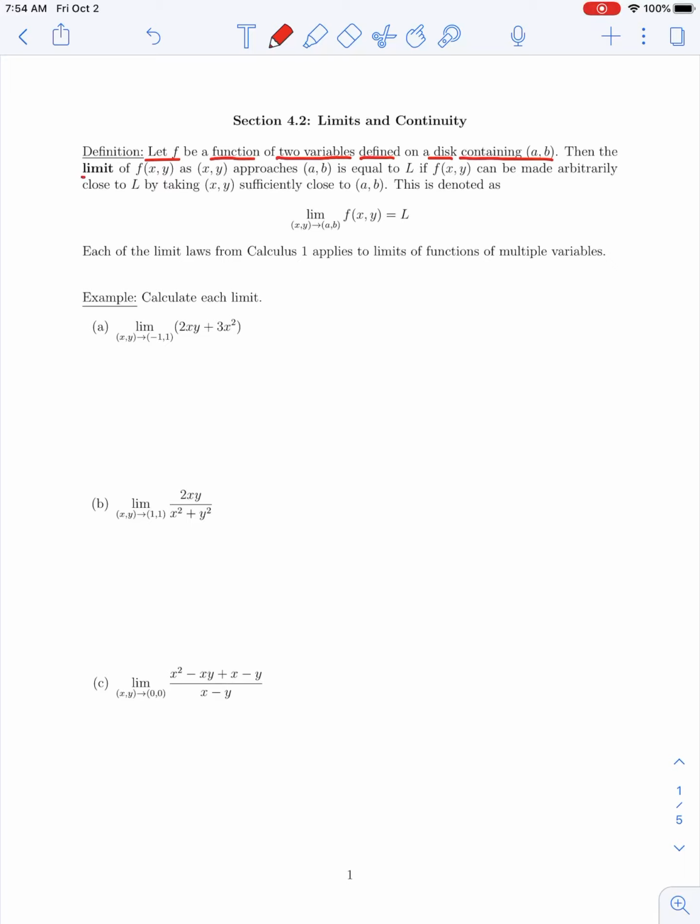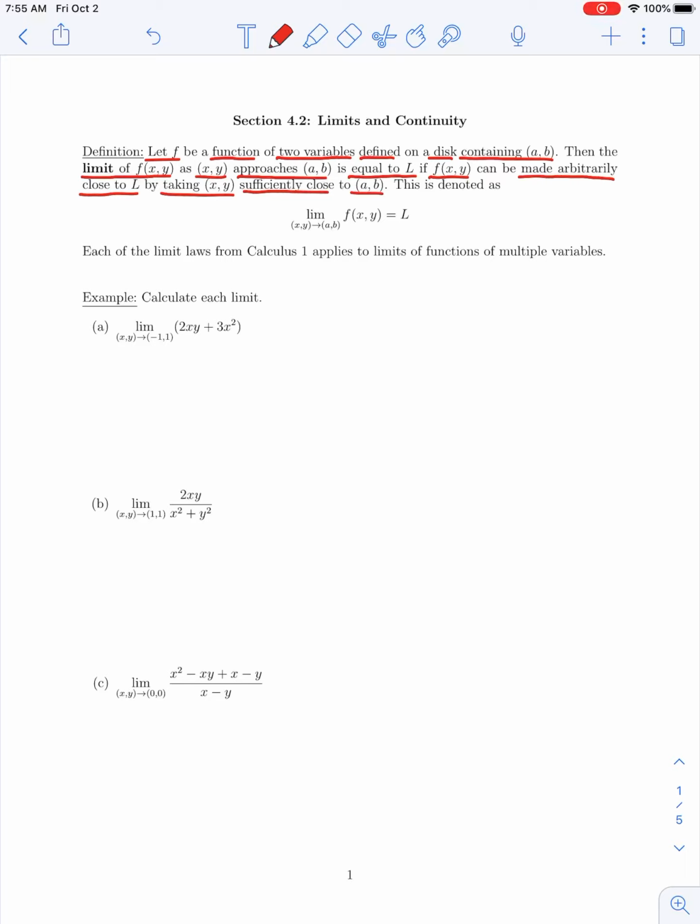So we would say that the limit of this function, f of (x, y), as the values of (x, y) approach the specific point (a, b), is equal to L if the values of the function f of (x, y) can be made arbitrarily close to the number L by taking points (x, y) sufficiently close to the point (a, b).